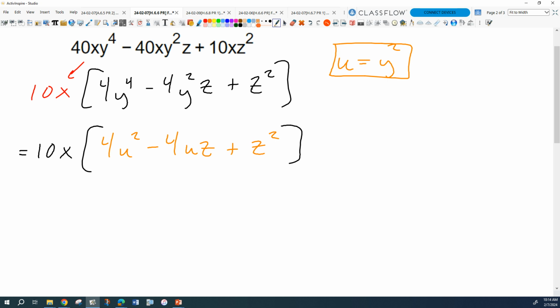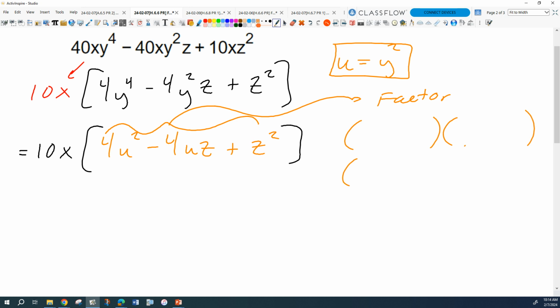Here's what I'm getting at. If I want to take this whole thing and factor it, I could take everything in orange there and break it up by trial and error into the possible different binomials based on the coefficients and just see which one works, right?